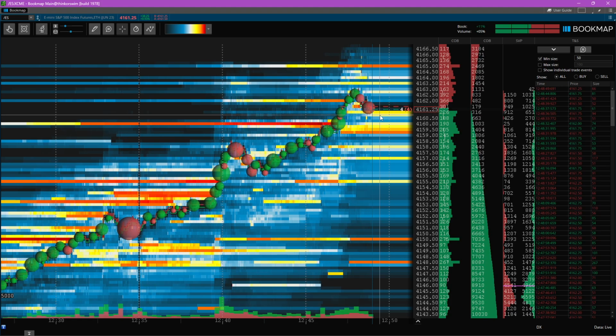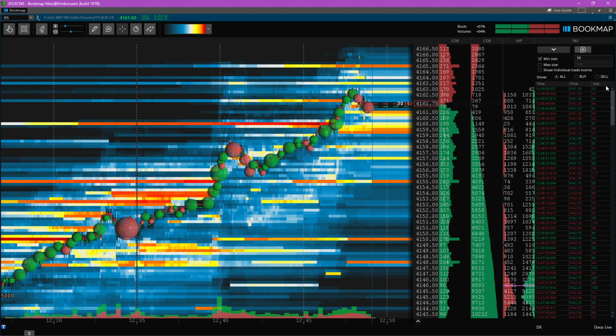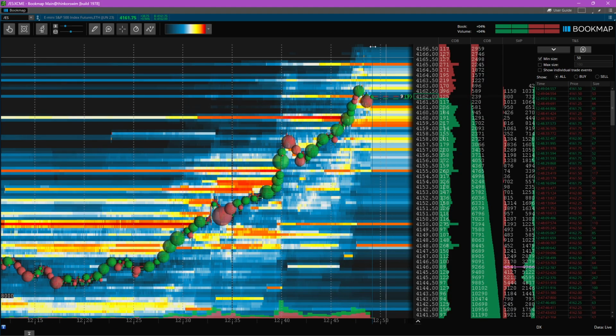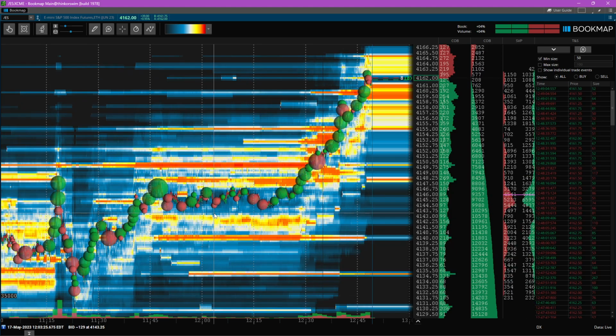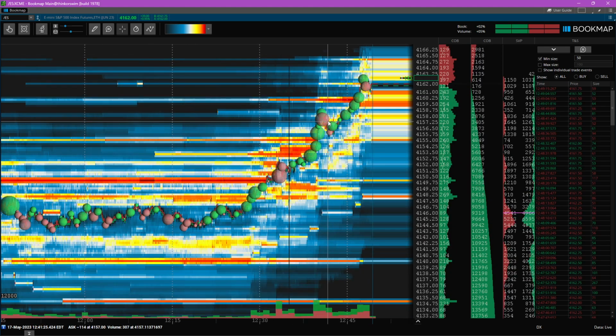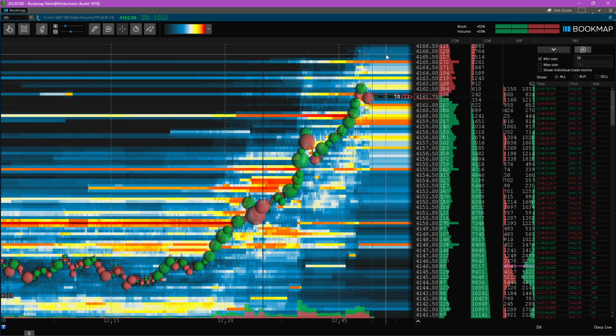Obviously, at any moment, someone could just sell a huge amount of size and drop us 10 points. But yeah, watching the time and sales and where the passive orders are is very, very important. But I'll show you a way that I like to trade Bookmap after this trade gets filled or stopped out.